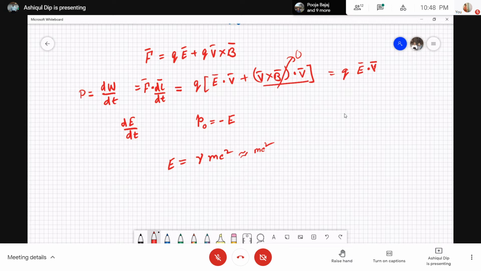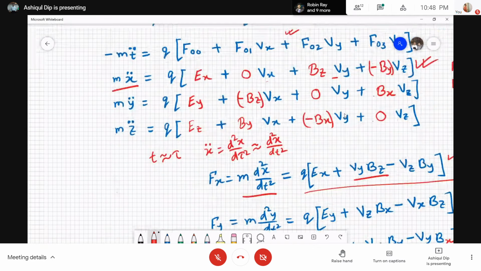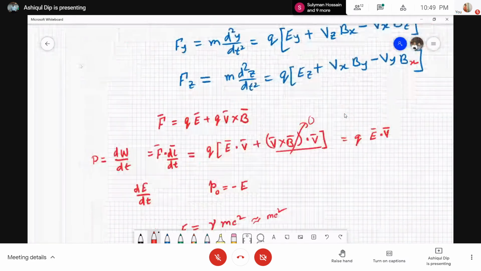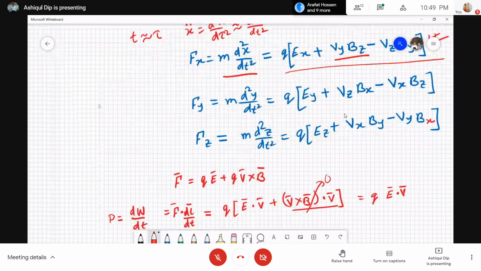But there is another problem we're not considering still. I did c equals 1 here. We know what P0 is, right? P0 is simply gamma mc. Yes, P0 is gamma mc. No, I have to consider c equals 1, so that's what I haven't mentioned here.